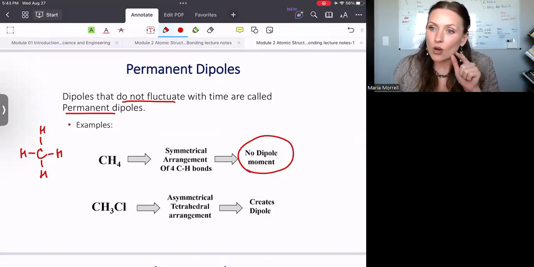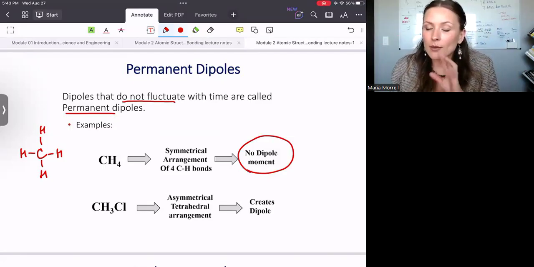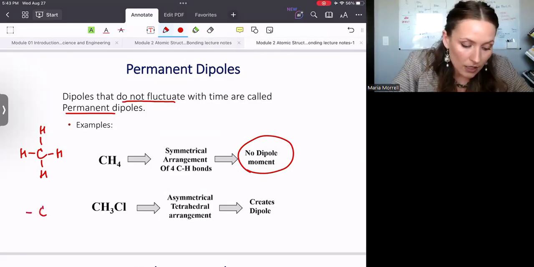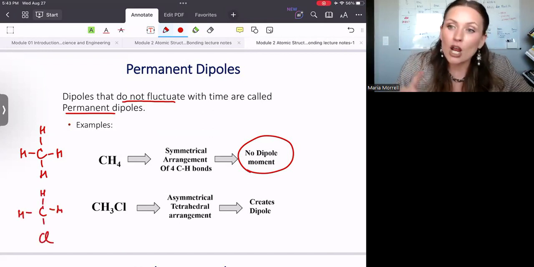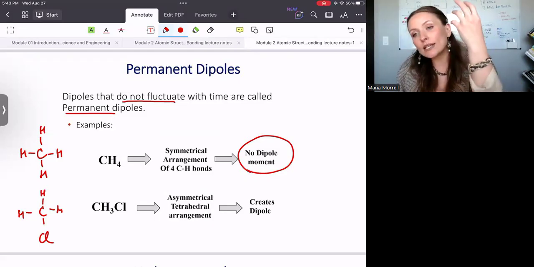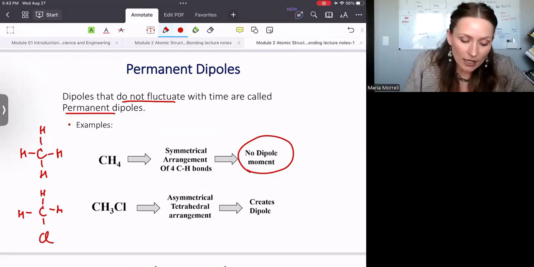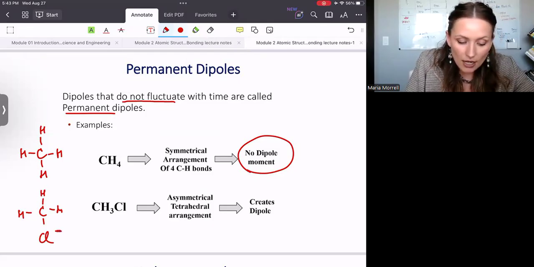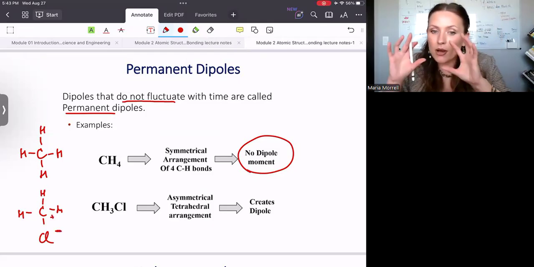Now I'm going to take one hydrogen, doesn't matter which one, and I'm going to remove it and replace it with chlorine. I'll do that at the bottom. You guys know that chlorine is a more electronegative element. It's going to pull an electron its way. And what's going to happen is that down here you will have a negative charge, and above, you will have a positive charge.